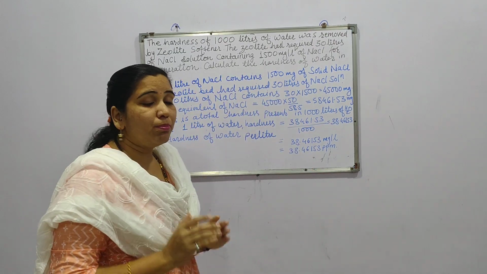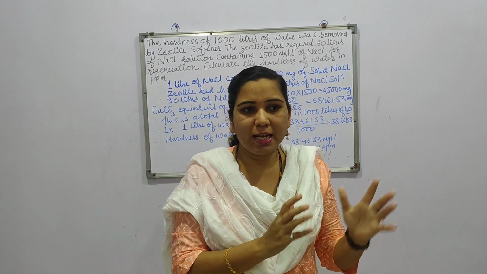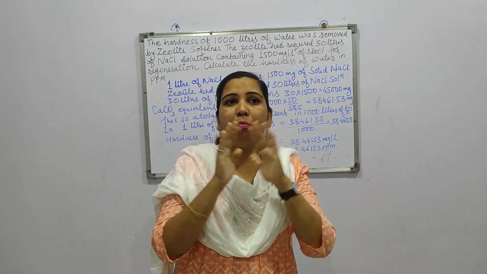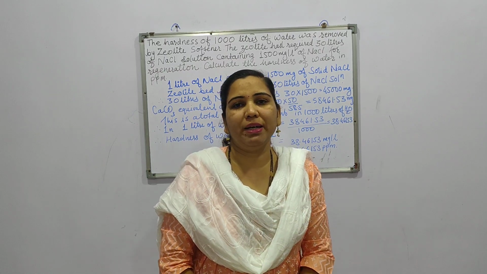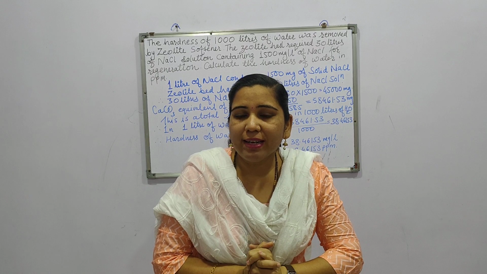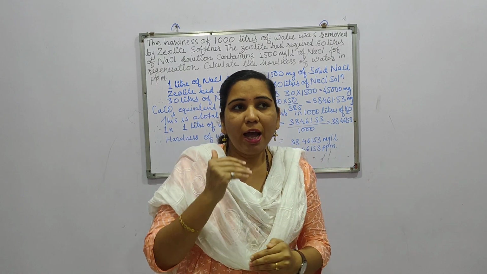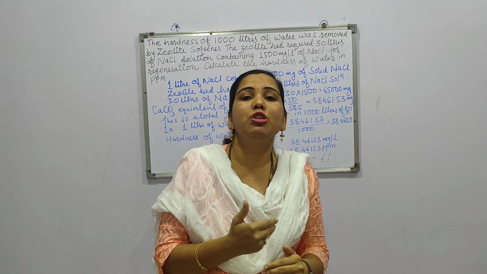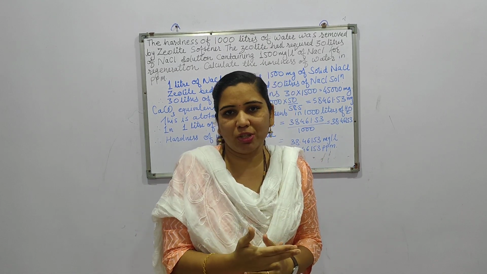When a large quantity of water has been softened, the zeolite bed will get exhausted. After exhausting the zeolite bed, we have to carry out its regeneration, which means we have to use another chemical known as brine solution or NaCl solution.